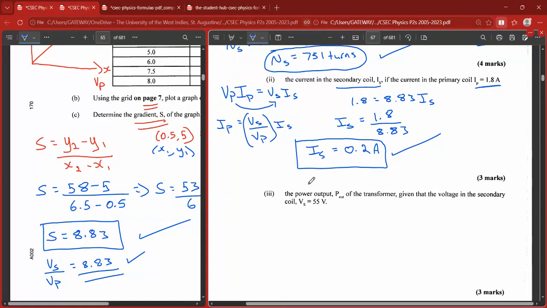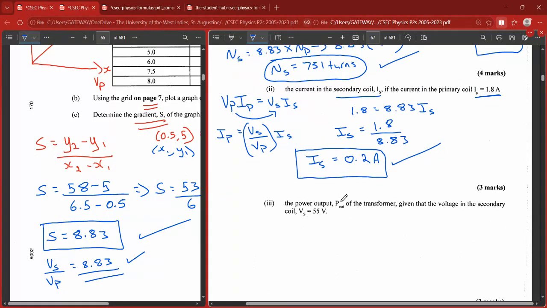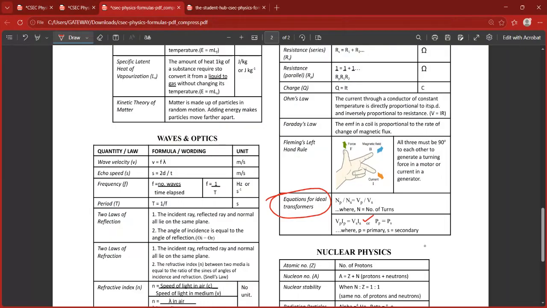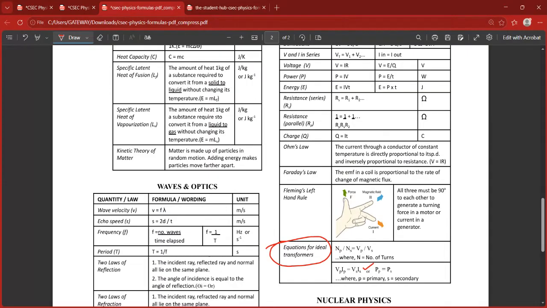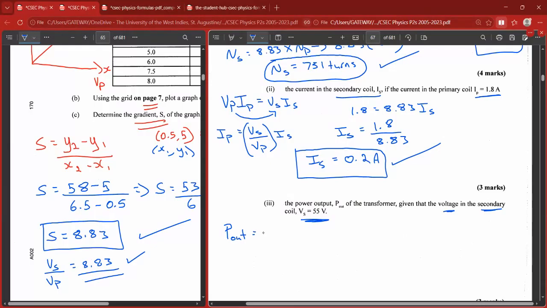Now let's see the power output P out of the transformer given that the voltage in the secondary Vs is 55. So the power output is equal to, we have the power formula here. I have a formula related to power and current and voltage. Power is equal to IV, but since you're dealing with output, you want to use the current in the secondary and the voltage in the secondary.